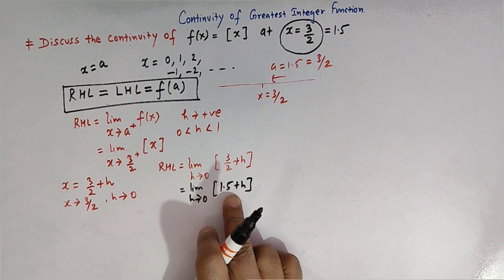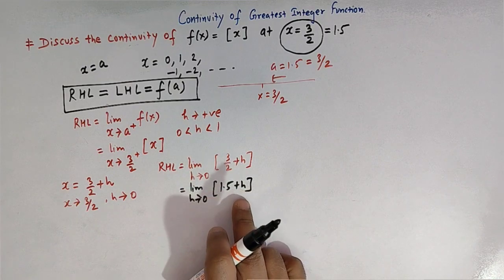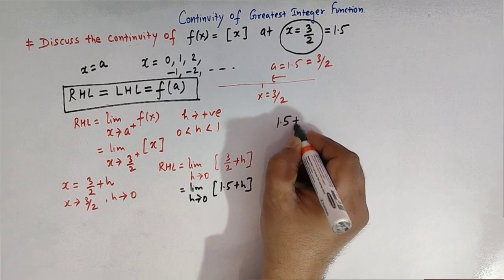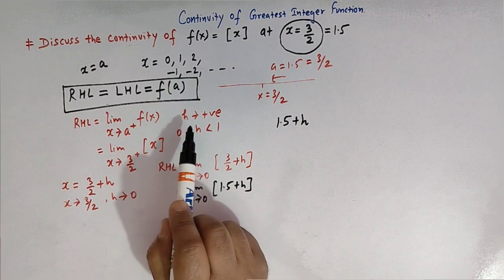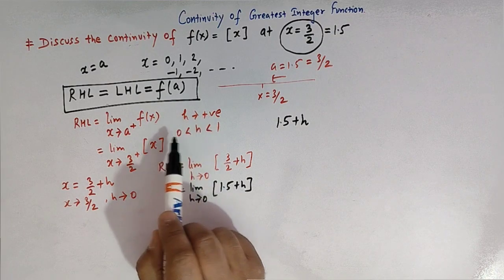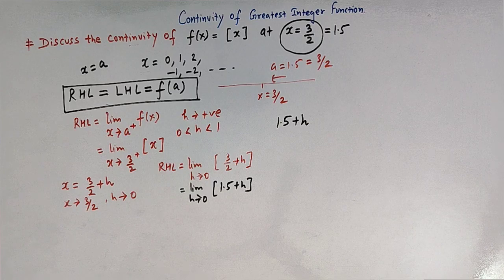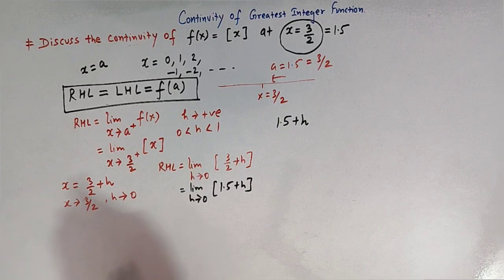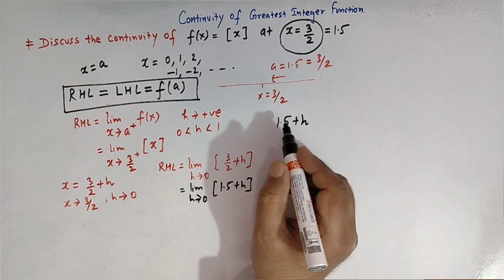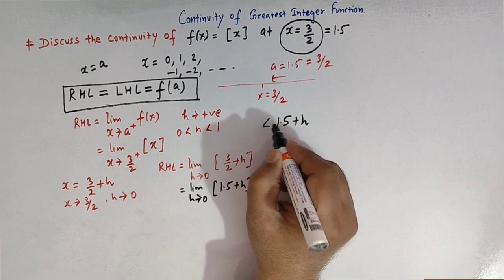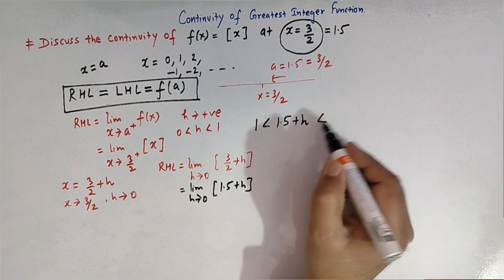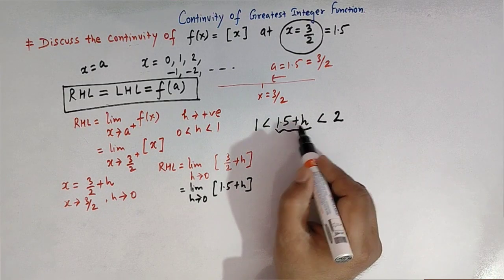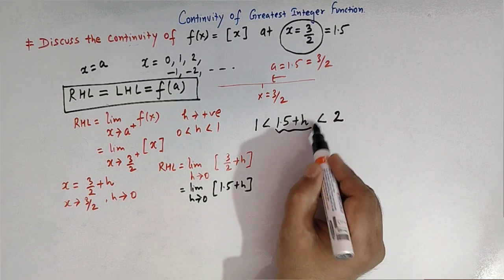Now let us observe this quantity inside the greatest integer function symbol. Here we have 1.5 plus h, and we have already said that h is a positive but very small quantity, so h lies between 0 and 1. So 1.5 plus h is greater than 1, but it is less than 2.